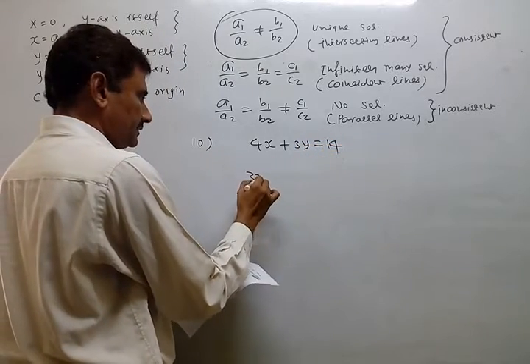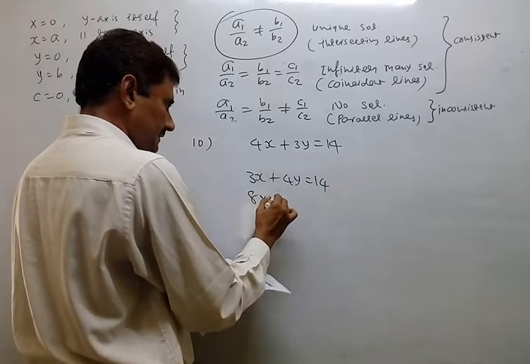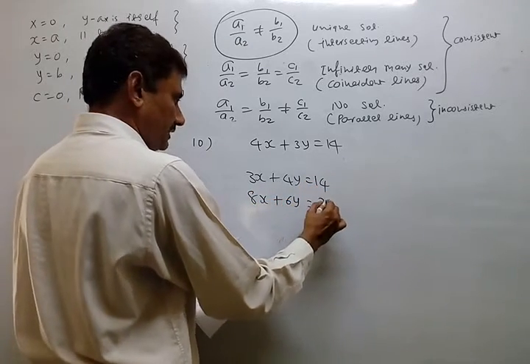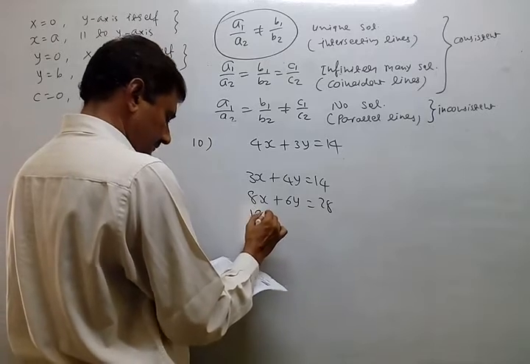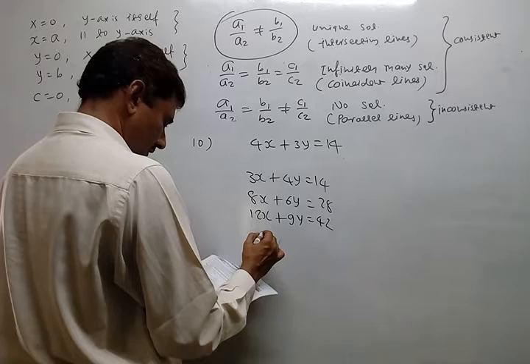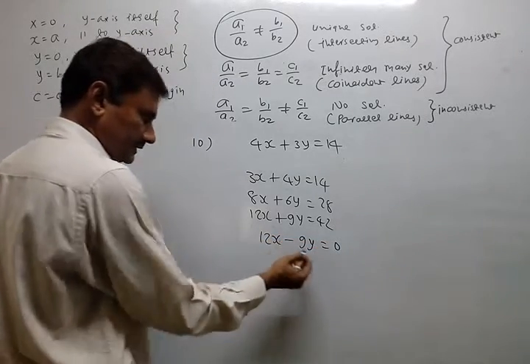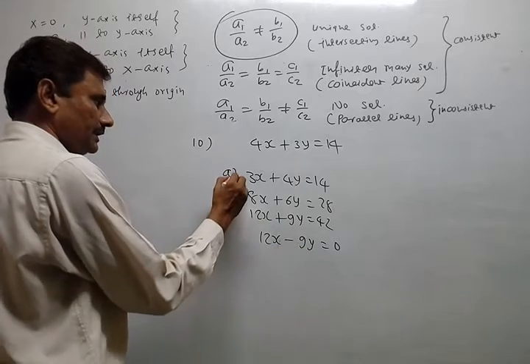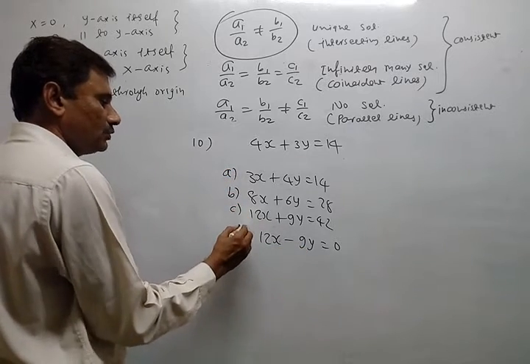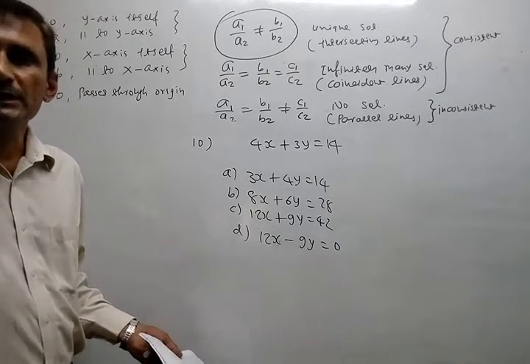Now the options are 3x plus 4y equal to 14, 8x plus 6y equal to 28, 12x plus 9y equal to 42, and 12x minus 9y equal to 0. I just converted it to systematic form: A, B, C, D. According to the options only you have to give the answer, otherwise so many answers are possible.